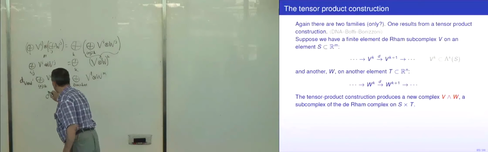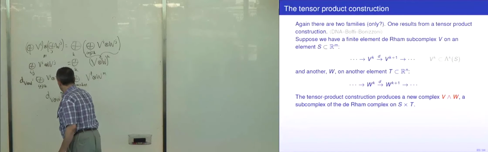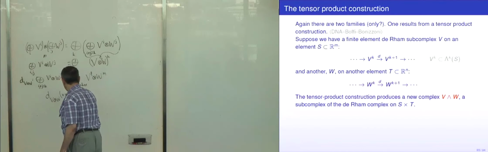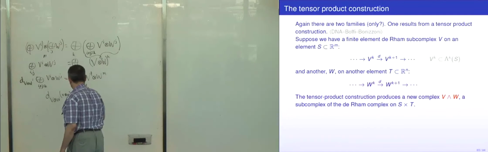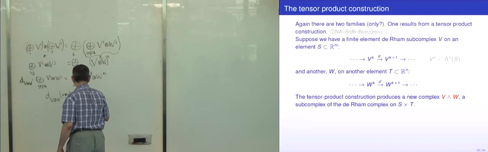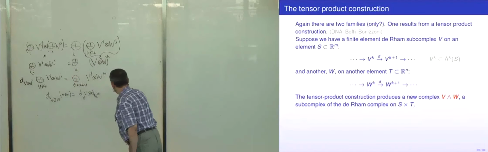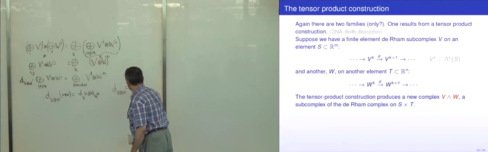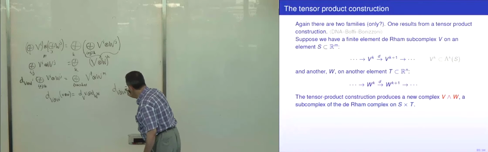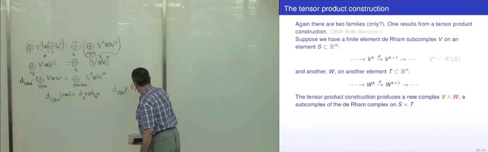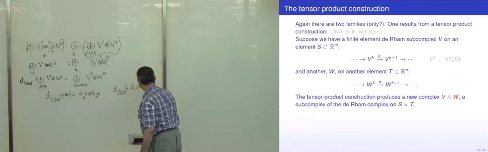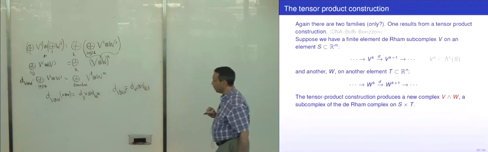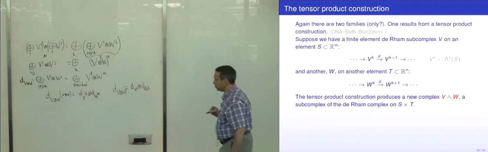You don't define D of V tensor W to be d_V tensor d_W, which would say D of V_i tensor W_j is equal to d V_i tensor d W_j. That's not the right definition because it gets you into the wrong space.